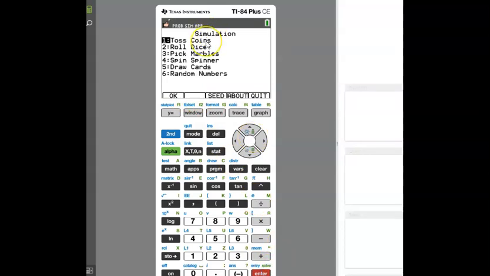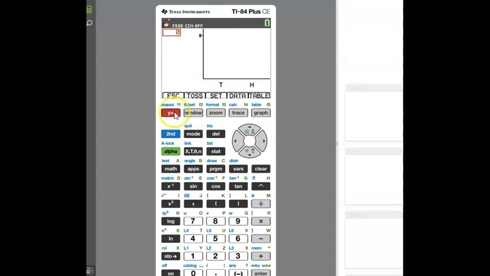If we want to toss coins, which is the activity we want, then you'll look at OK. Right underneath OK is your Y equals button, which is what you want to push. And we do want to toss the coins. So I'm going to hit underneath toss, it says Windows, and I'm going to go ahead and toss a coin.